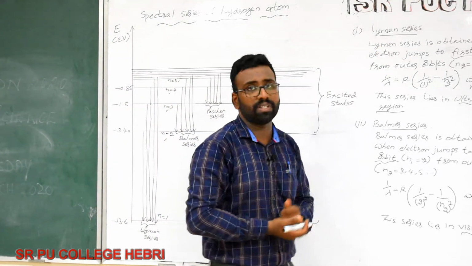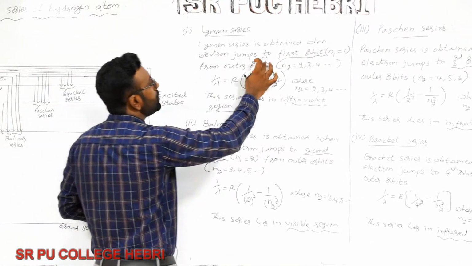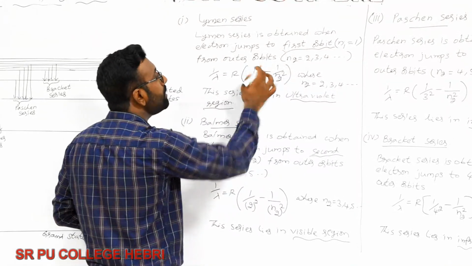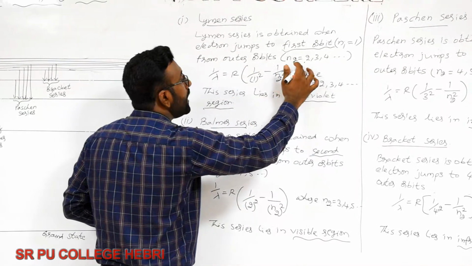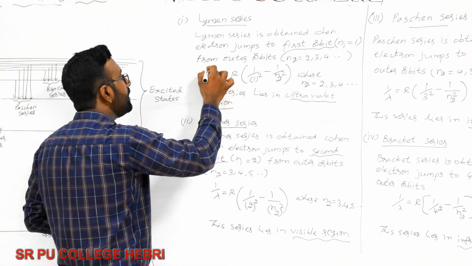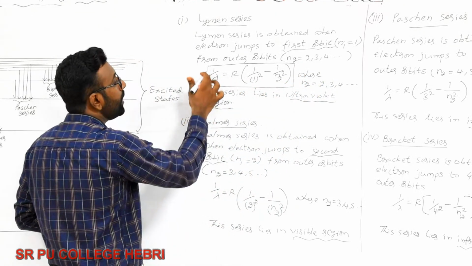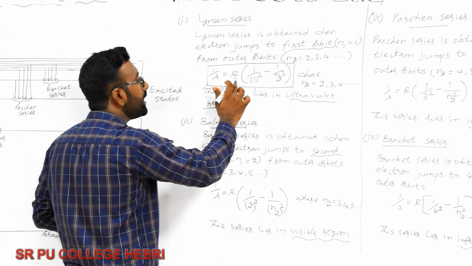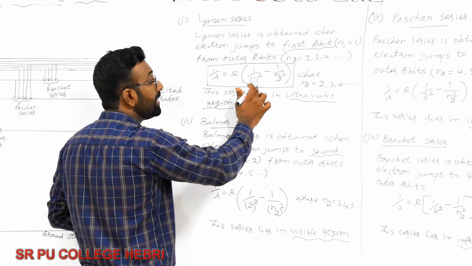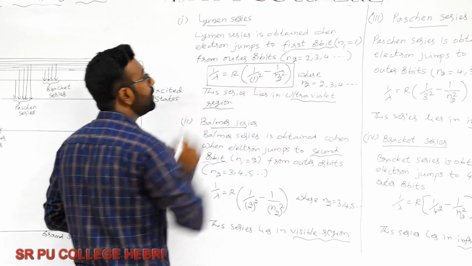Lyman series. A Lyman series is obtained when an electron jumps to the first orbit from outer orbits. So these outer or higher orbits may be n is equal to 2, 3, 4, etc. Then the equation for wavelength can be written as 1 by lambda is equal to R into 1 divided by 1 square, that is n1 square, minus 1 divided by n2 square.